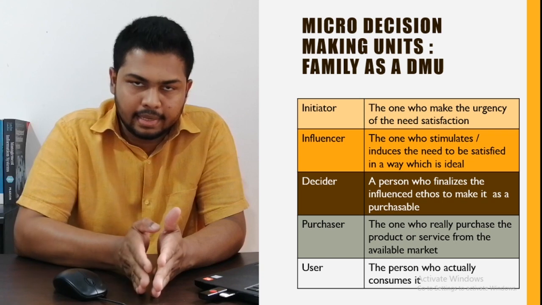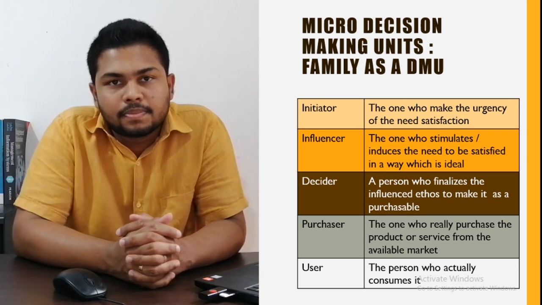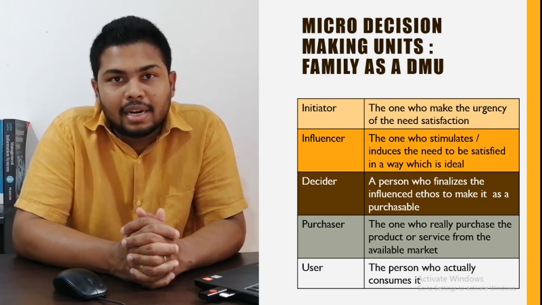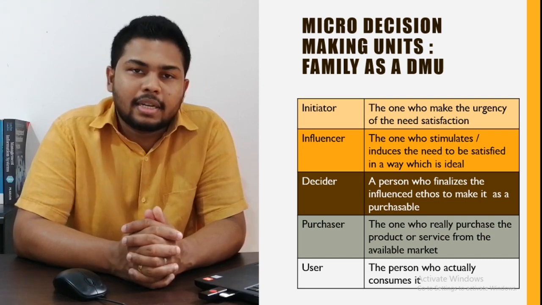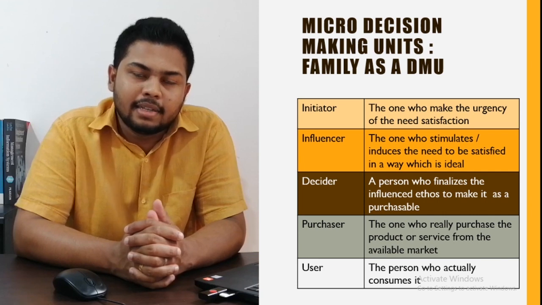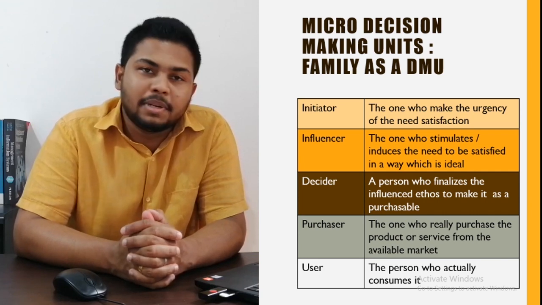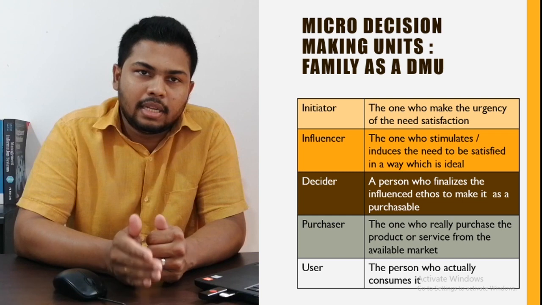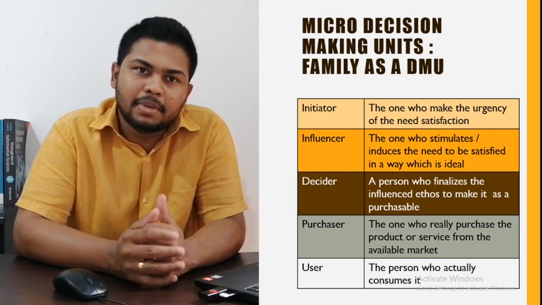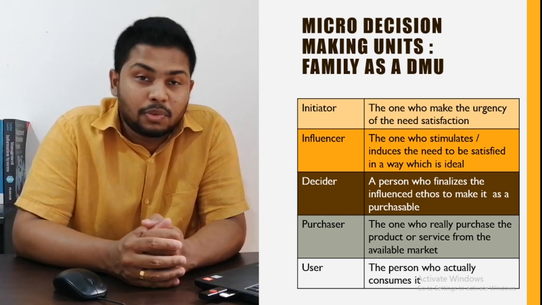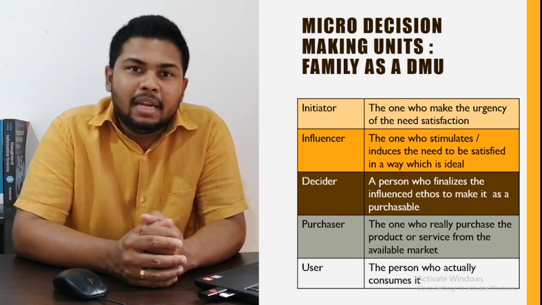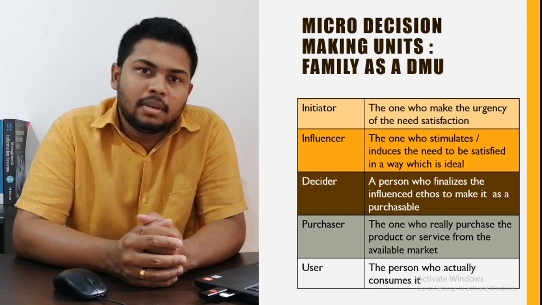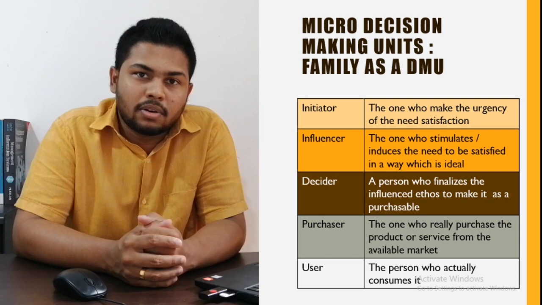Initiator, influencer, decider. Then the fourth one is the purchaser. Who is going to purchase it? Anyway, ultimately, it's from the father's pocket. So the father will buy the chocolate cake for that particular child. So that is called the purchaser. Initiator, influencer, decider, and then purchaser. Now, even though they have made the decisions and paid a sum to buy that particular cake, they are still not going to consume it.